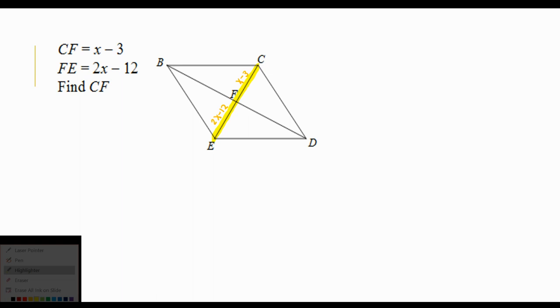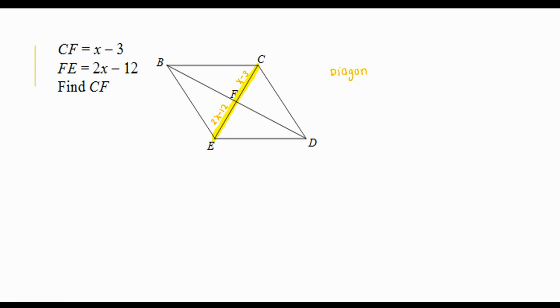And remember, when we're talking about a parallelogram, diagonals bisect each other. So that means that in this particular picture, the segment BD, which is a diagonal, is bisecting CE, which means that CF has to be congruent to EF.